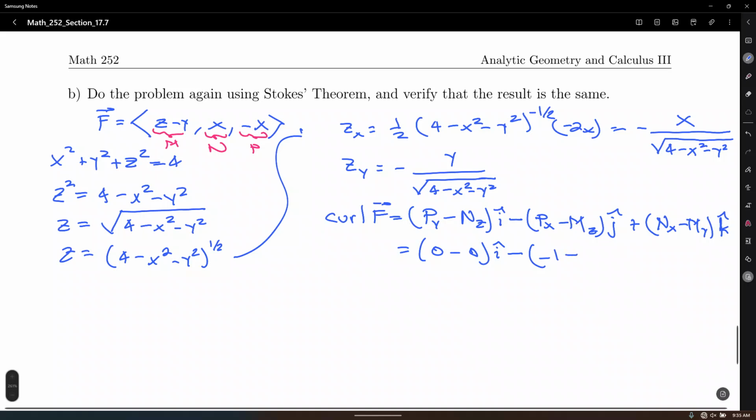M minus M with respect to z, that's just 1, j plus N with respect to x. That's another 1, minus M with respect to y. Careful here, minus negative 1, k. So 0 minus 0, isn't that 0? Let's change this to component form.